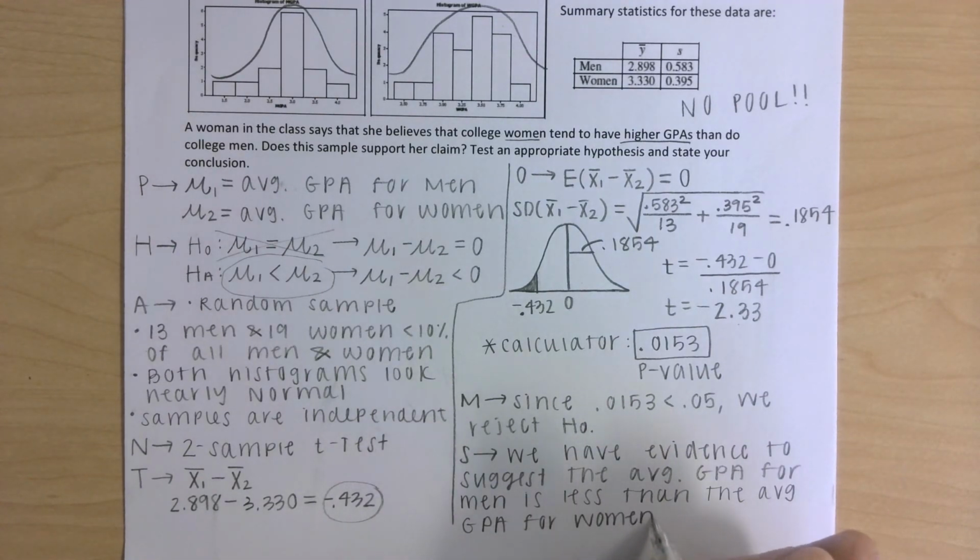You may have written this in reverse, so you might have said we have evidence to suggest that the average GPA for women is greater than men. That would have been fine as well.